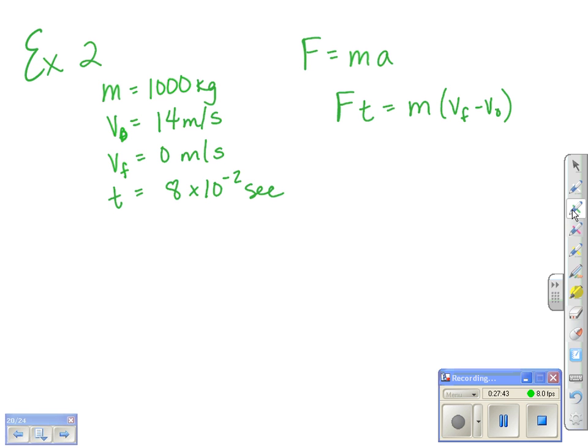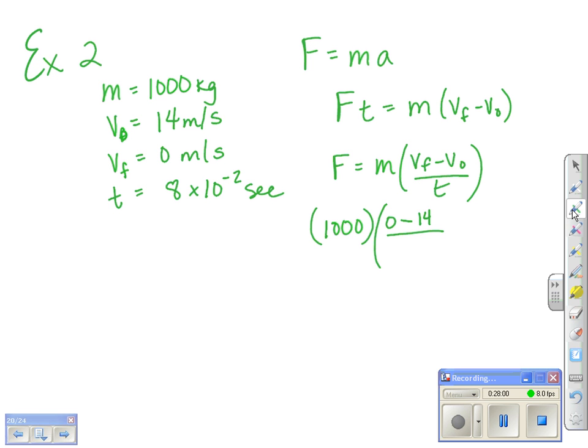And if we say that, that's really just saying F equals m times Vf minus Vo over t, right? So we can say 1,000 times my 0 minus 14 divided by 8 times 10 to the negative 2. Okay, do your calculations.